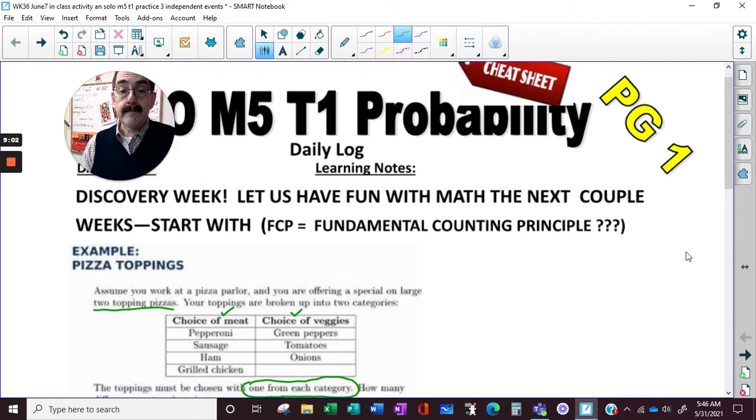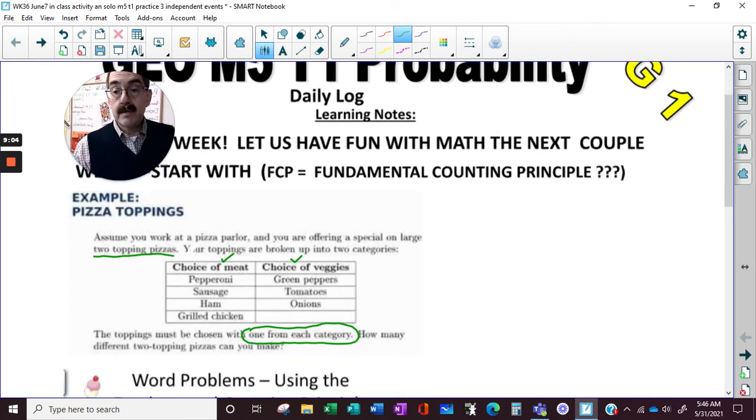Okay, welcome back. Now, fundamental counting principle. 4 times 3. That's all it is, right? Pepperoni and sausage, for those of you who want to do a tree diagram, cool.